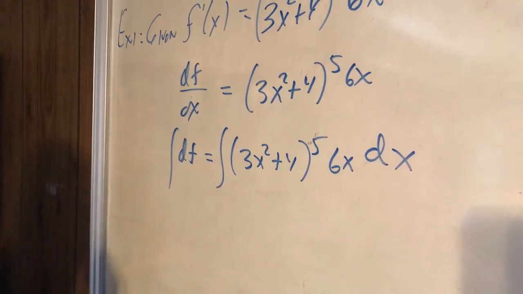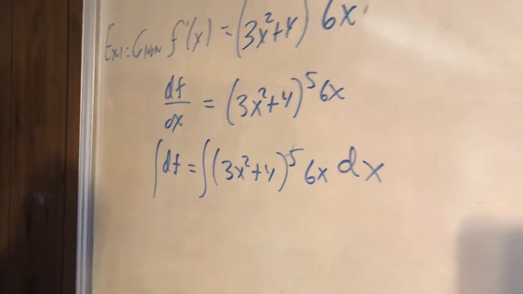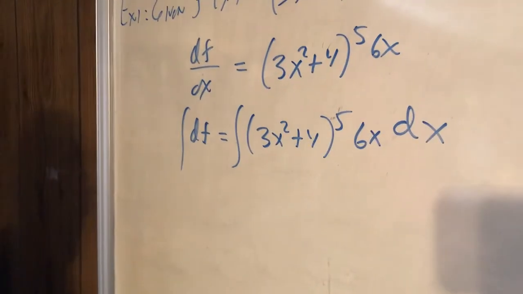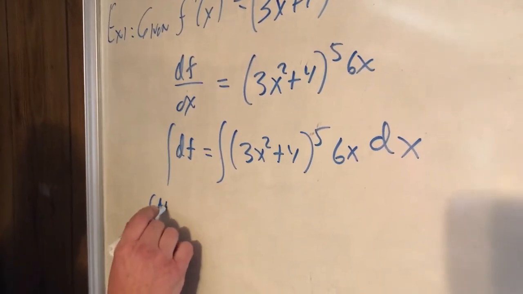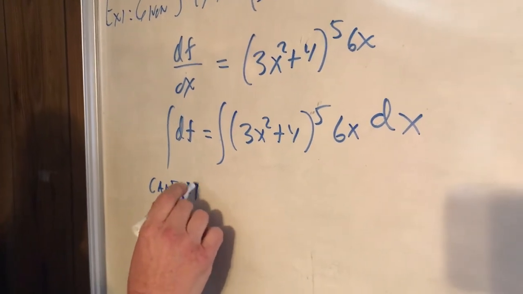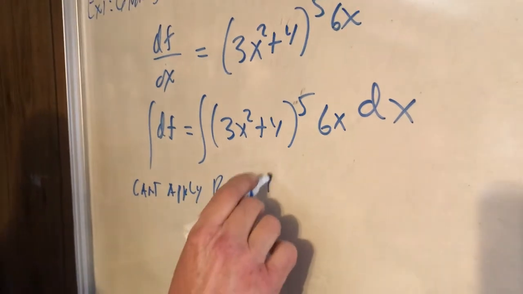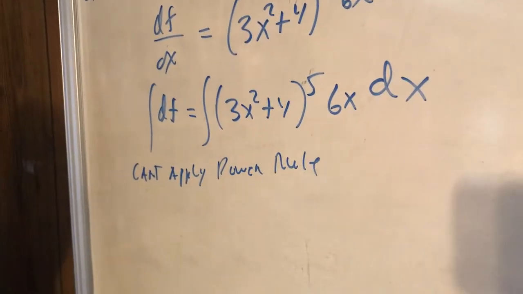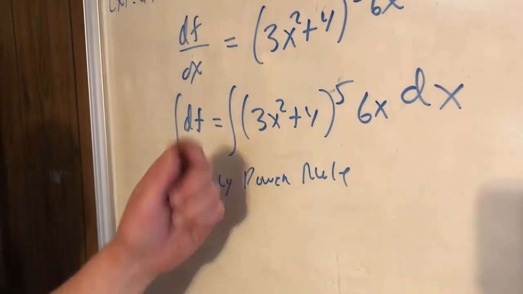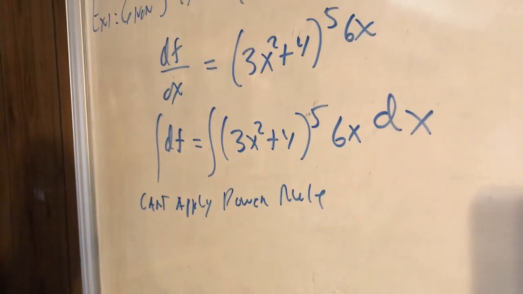Now, there's no way you can apply the power rule to that. So you can't apply the ordinary power rule. Well, you say, well, hey, is there a product rule?